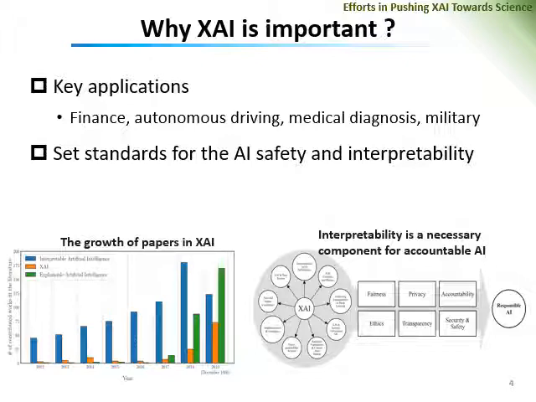If you only focus on some typical problems such as object classification, for example, in the ImageNet dataset, whether a model or whether a DNN is explainable or not is not so important. But if you focus on some very important applications such as finance, autonomous driving, medical diagnosis, and the military, the interpretability of a DNN is very important in this case.